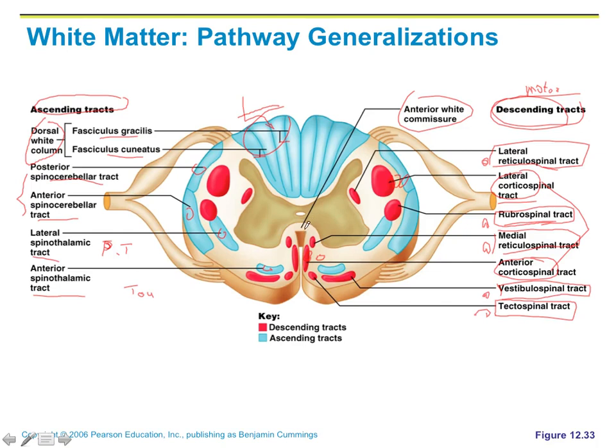Okay, so these are nervous fibers that allow these two white columns to communicate with each other. Okay, so I know this is very confusing and difficult to memorize. However, please spend more time on that.